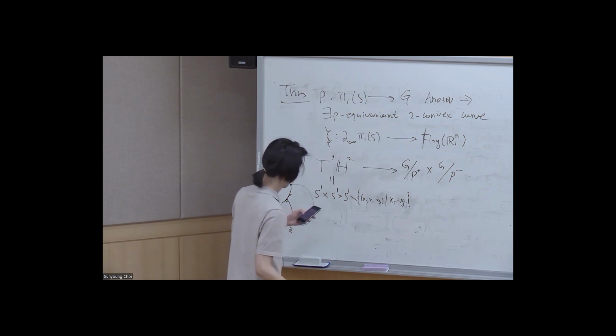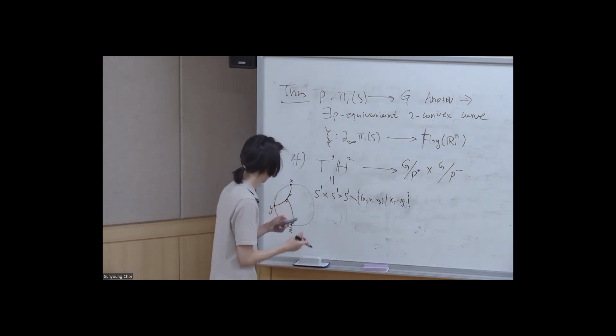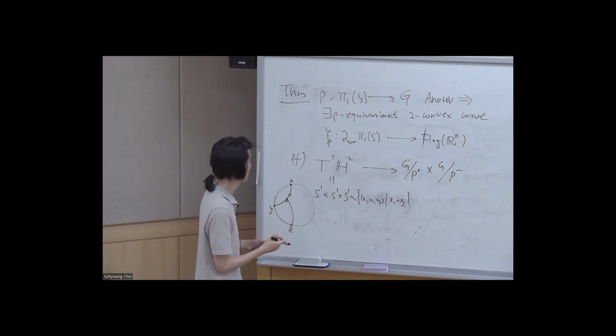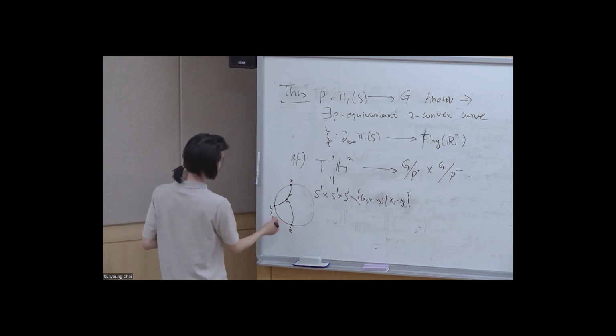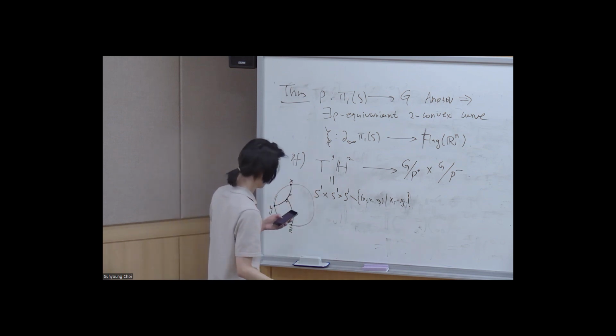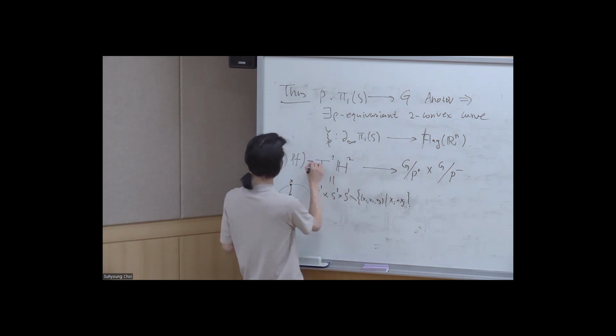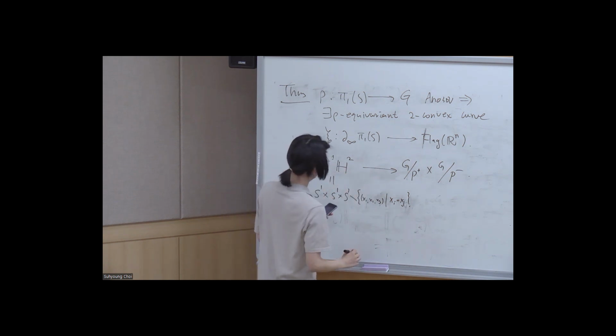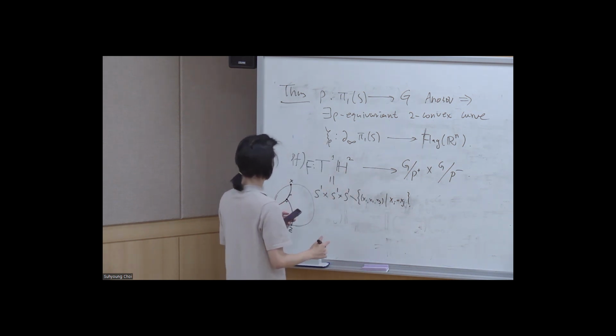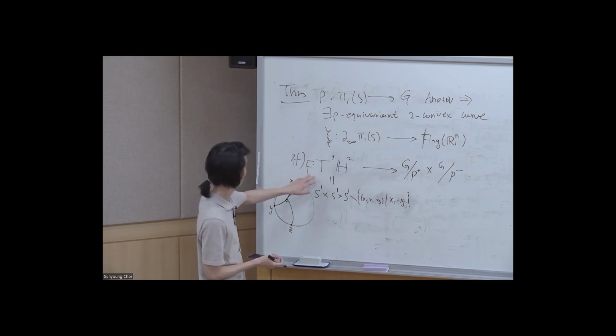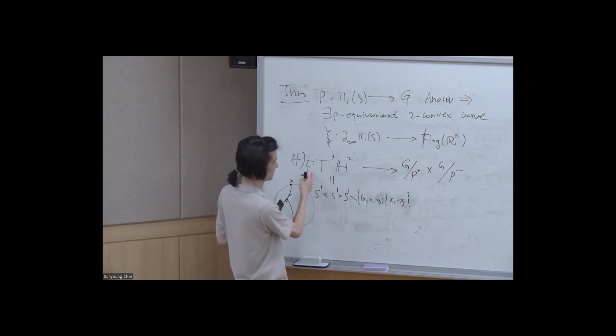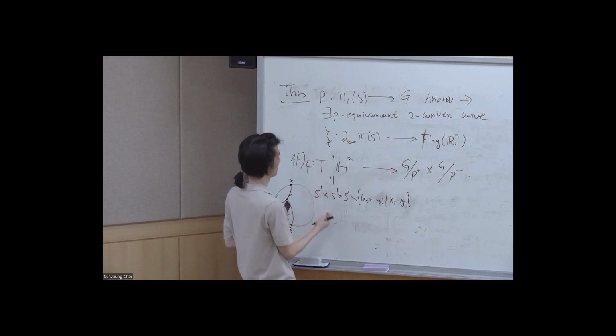Okay, this is the identification, and you can see that the geodesic flow is nothing but moving this middle point somewhere here or somewhere here. And remember the definition of Anosov representation: this F is actually a flow invariant map.